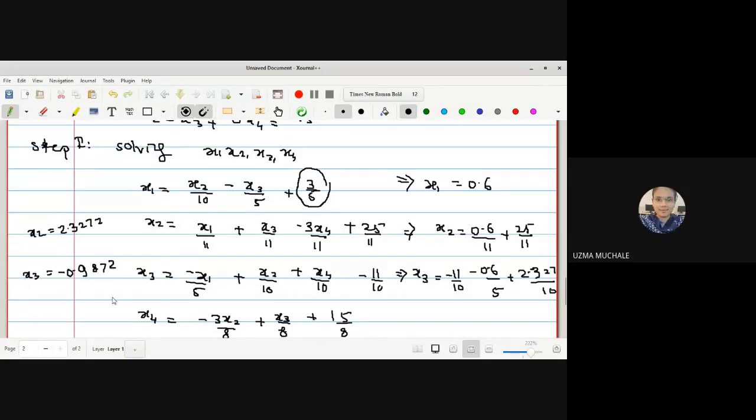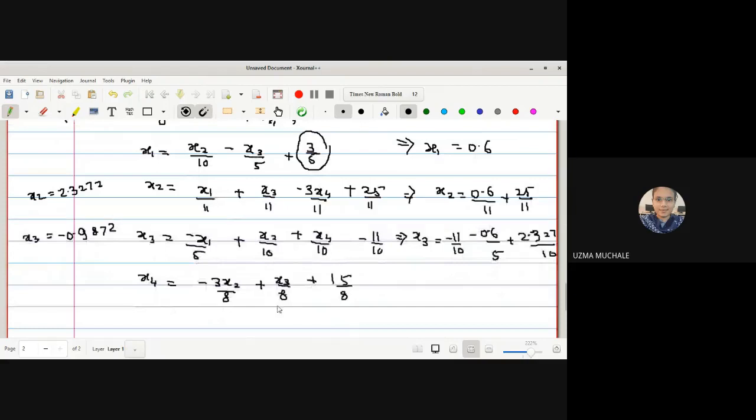Okay. So here we get the value of x3 is minus 0.9870. Now you got the values of x1, x2, x3. All these values you can use in the fourth equation. So now whatever the values you have written for x1, keep it as x11, since these are the values we have obtained for the first iteration.